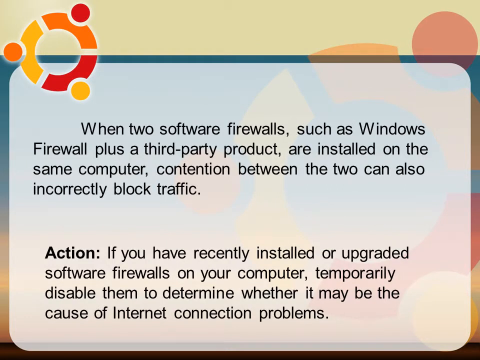When two software firewalls, such as Windows Firewall plus a third-party product, are installed on the same computer, contention between the two can also incorrectly block traffic. So, what action will you do if you have recently installed or upgraded software firewalls on your computer? Temporarily disable them to determine whether they may be the cause of the internet connection problems.